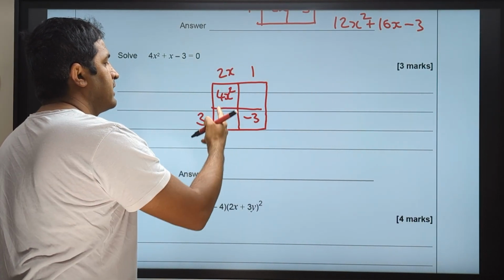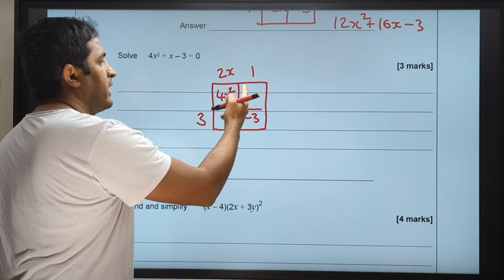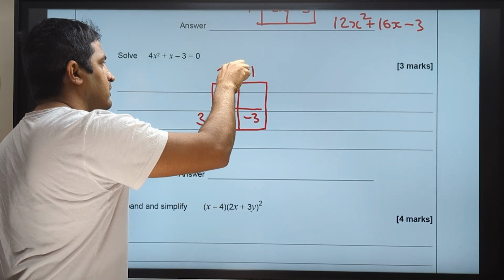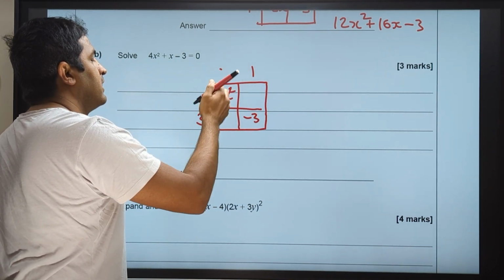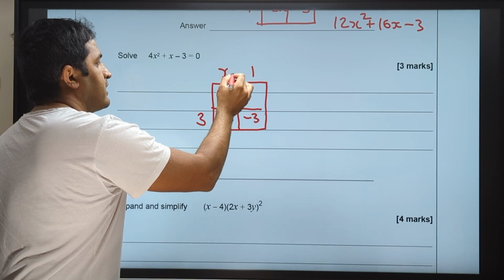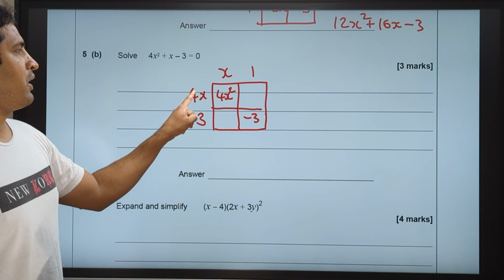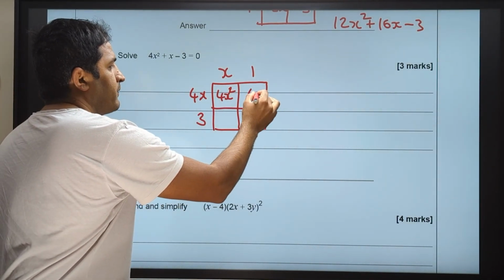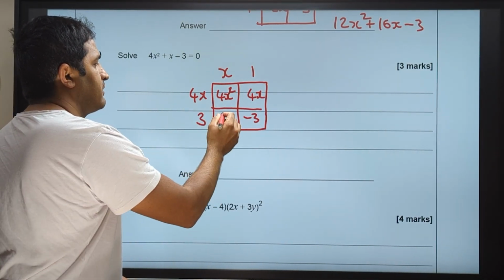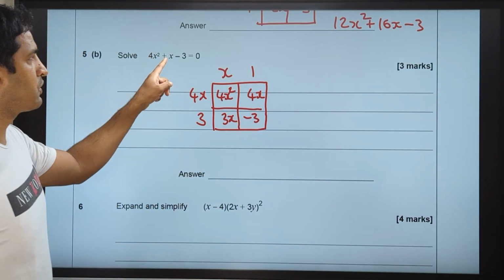If you do 2x times 3, that's 6x. 2x times 1 is not going to get you x. So we need to work with 4 and 1. So we're saying x by 4x. 4x times 1 gives you 4x, and x times 3 gives you 3x. So now we can get the difference of 1x.